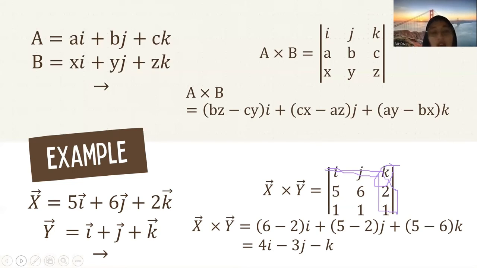And vector x cross vector y is equal to 4i hat minus 3j hat minus 1k hat. Okay, vector x cross vector y is equal to 4i hat minus 3j hat minus k hat.